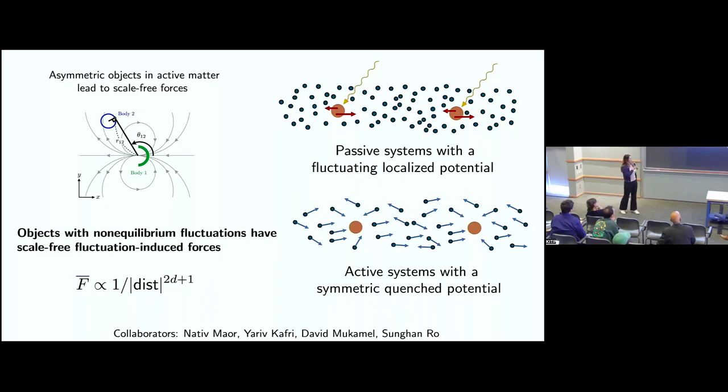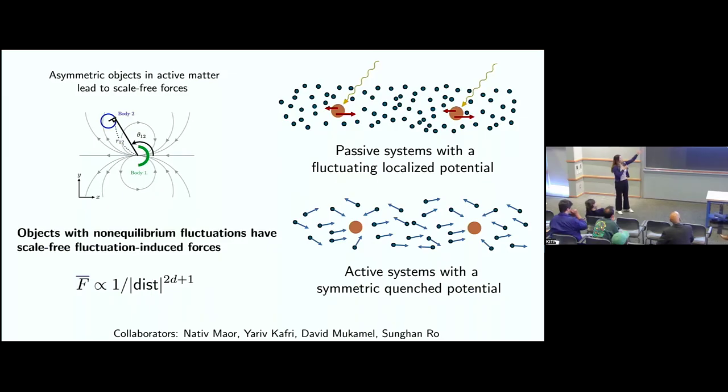And it turns out the key message is that if you place these objects with these non-equilibrium fluctuations in some underlying medium with short-range correlations, this can actually give rise to scale-free correlations on the passive system. And then this can in turn lead to scale-free fluctuation-induced forces that decay with an exponent of 2d plus 1.